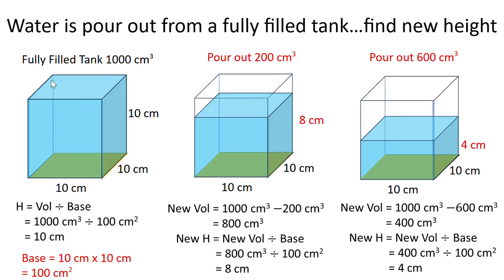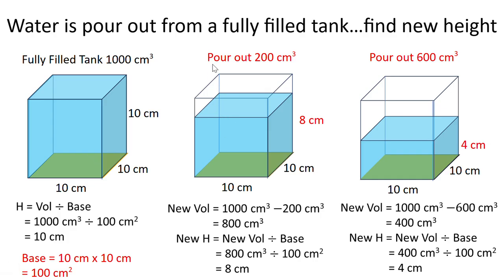So based on the previous slides, we already know that a fully filled tank for this object is 1000 centimeter cube. Okay, I purposely put here to show you that the base, in this case this orange color part, is 10 times 10 is 100 centimeters square. So this base is 100 centimeters square.